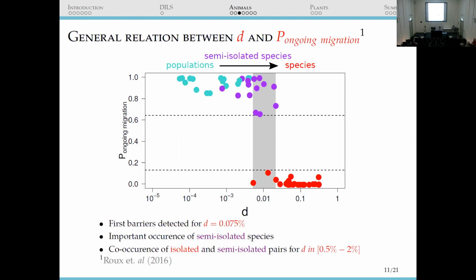And it's something that we name the gray zone of speciation. It's this segment of the continuum of divergence in which you can find two different situations. For the same level of divergence, you can have situations in which you have gene flow and situations in which you have isolation. So sometimes 2% of divergence is enough to completely interrupt gene flow.